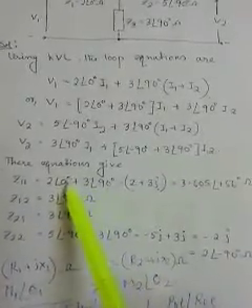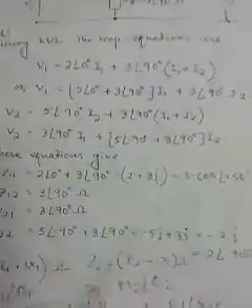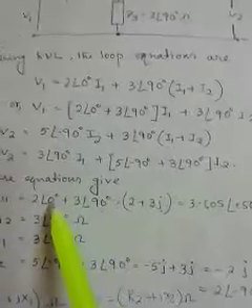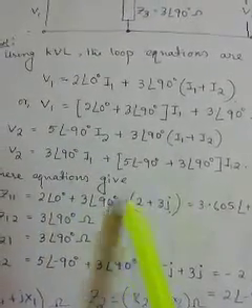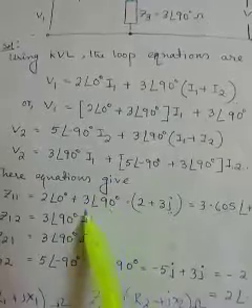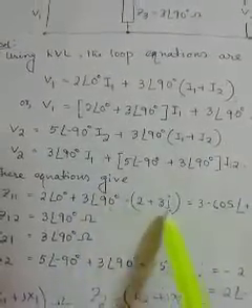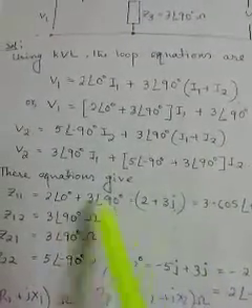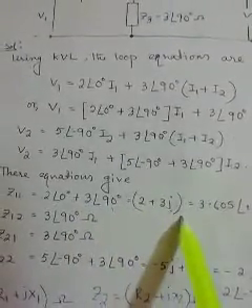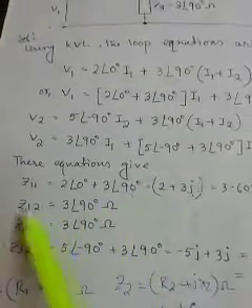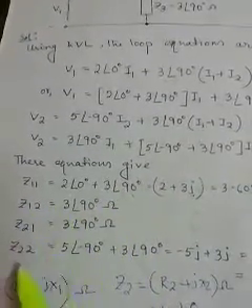If your angle is 0 degree, the J part will be 0, and if your angle is 90 degree, your real part will be 0 and the value will be only for J. So 0 degree and 90 degree angles can be directly converted to their equivalent rectangular form, from which we can get the proper values, and these will be Z12, Z21 and Z22.